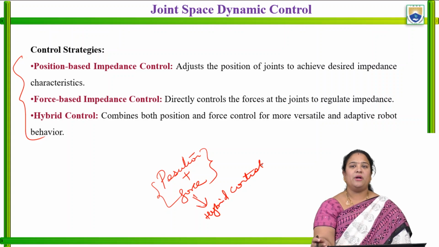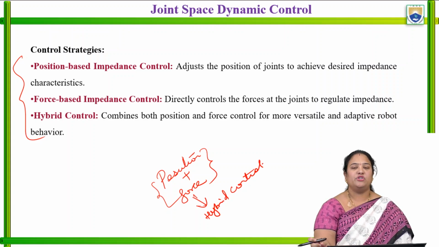When we come across both the combination of position as well as force control, that particular type of control strategy is one of the very versatile and adaptive robot behaviors which we are generally using nowadays. That is known as the hybrid control system.